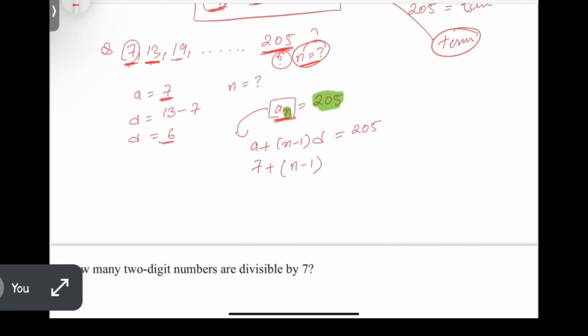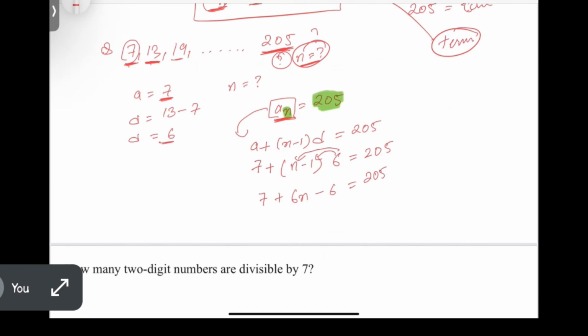The d value here is 6, equal to 205. Now if you simplify this, 7 plus 6 into n is 6n, minus 6 into 1 is 6. Whenever you are removing the bracket, you multiply each term. So that's what I've done, equal to 205.